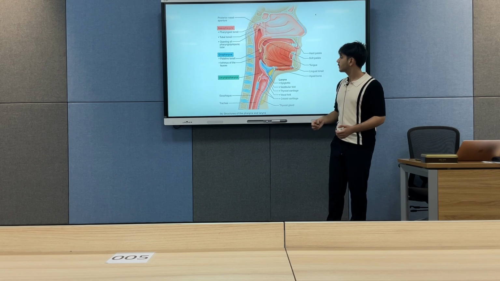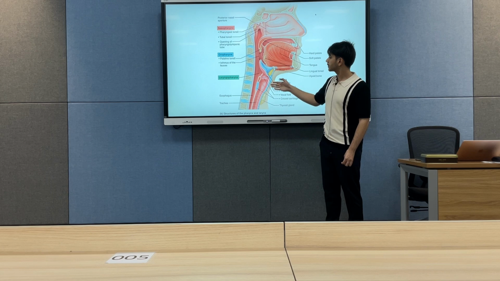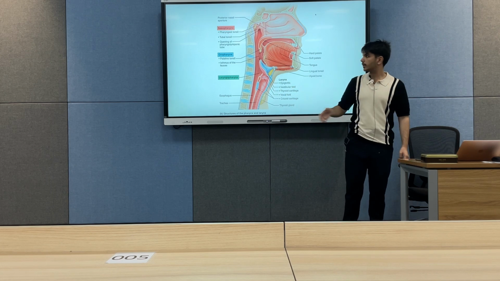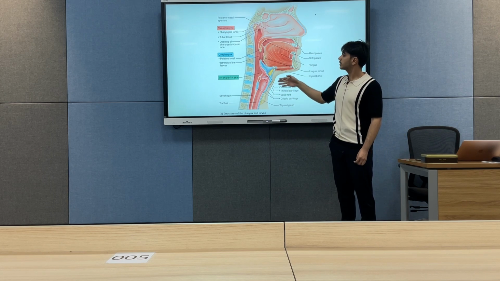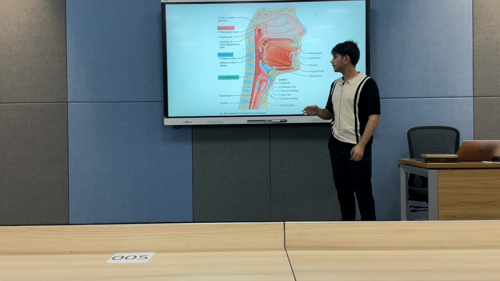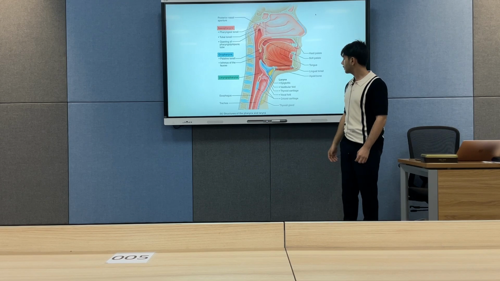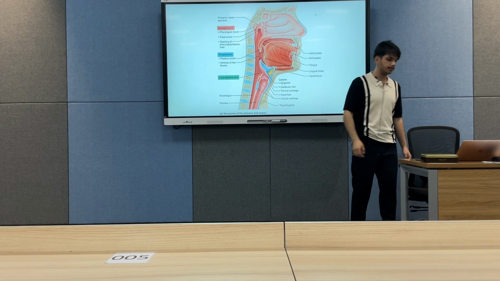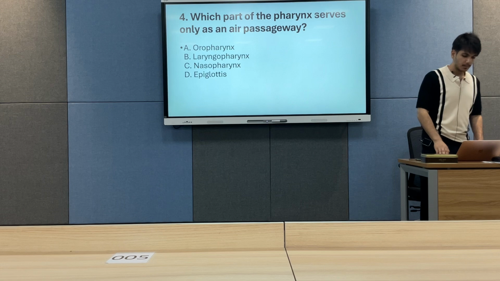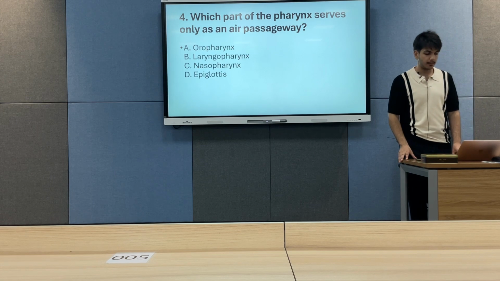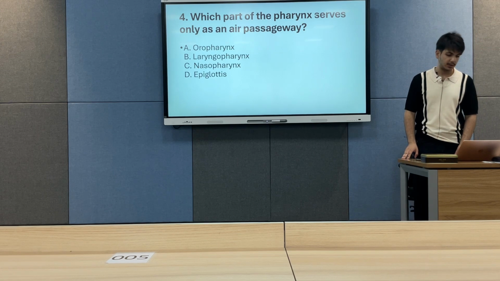Okay. Move on finally to the laryngopharynx. The laryngopharynx is the continuation of our pharynx. It goes down to your larynx with an opening to your esophagus and larynx, with the controlling of the epiglottis. Okay. Which part of the pharynx serves only as an air passageway? C. Nasopharynx.